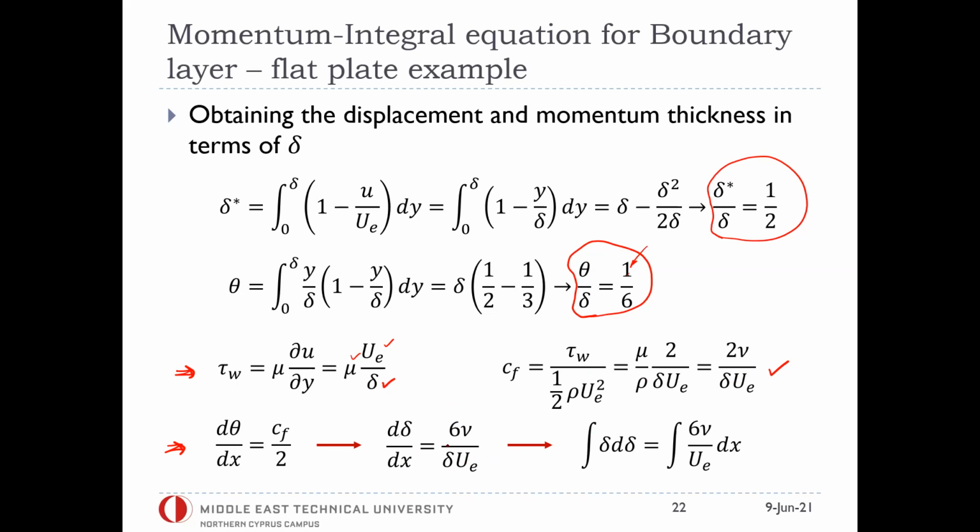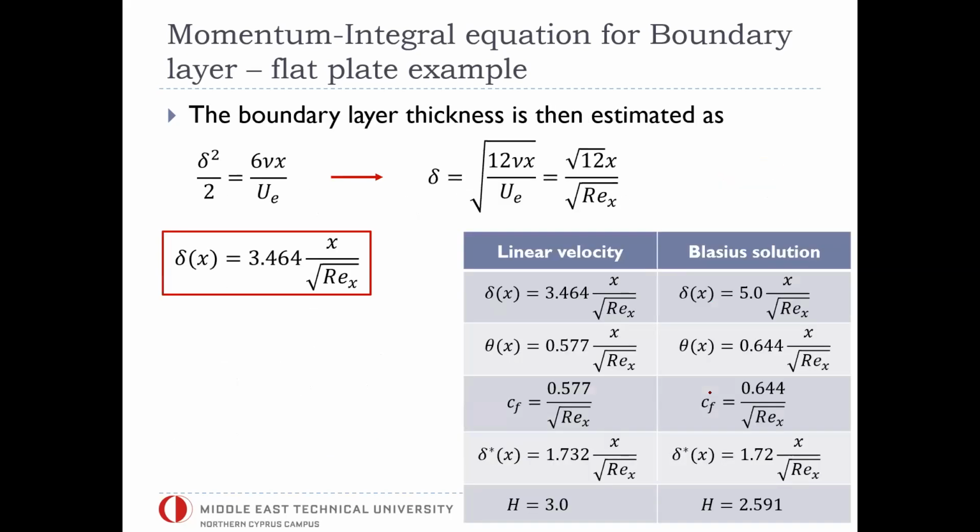We put it here, and then we need to integrate. We take delta to the left-hand side and dx to the right-hand side, and then we obtain this equation for delta d delta. So the boundary layer thickness is then estimated from this equation.